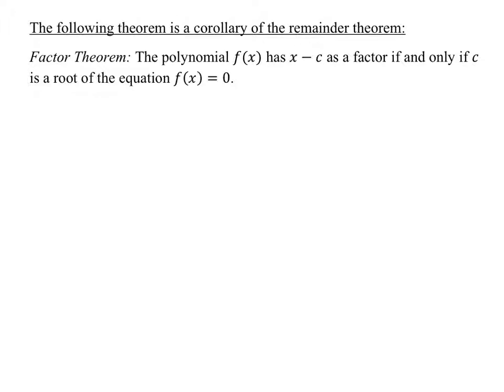The polynomial f(x) has x minus c as a factor if and only if c is a root of the equation. Well, when it's a root of the equation, what is this really saying? In layman's terms, this is saying if I do this and get 0, it means that x minus c is a factor.